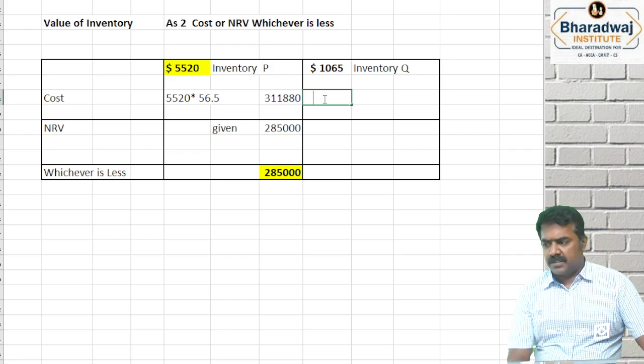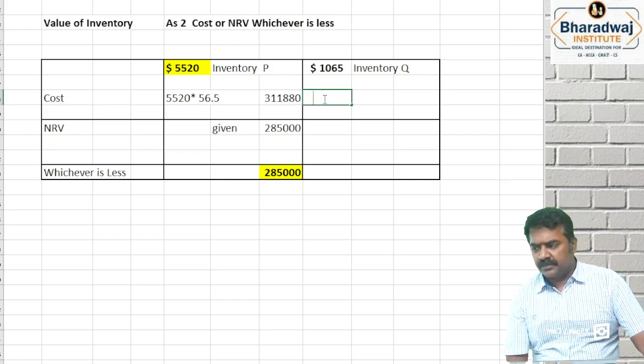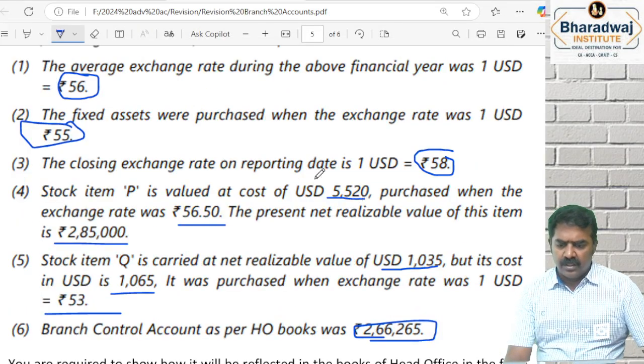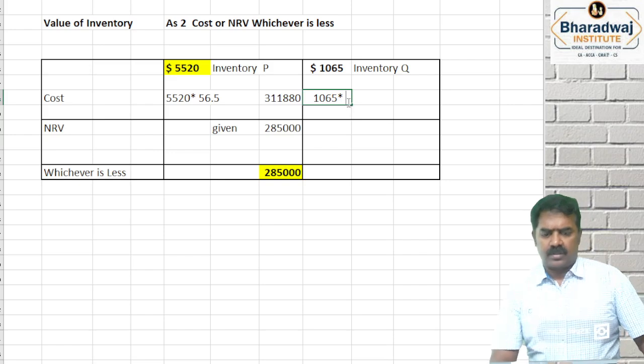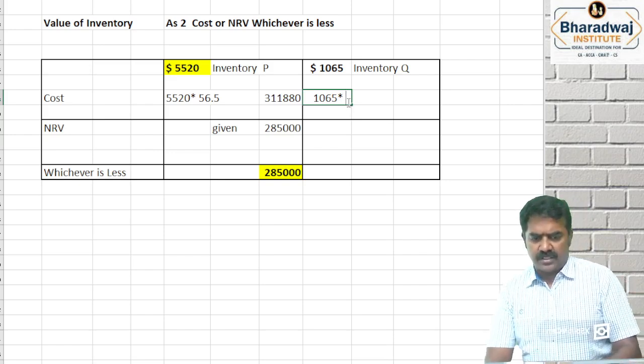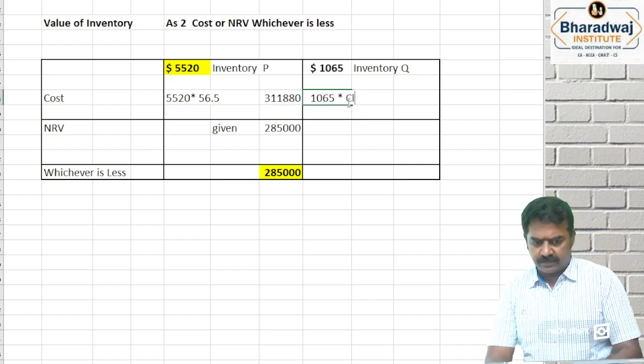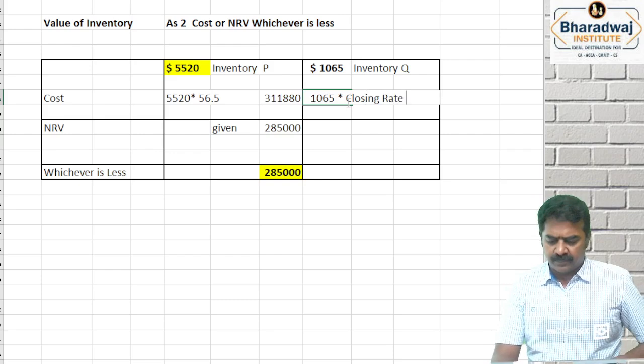Now inventory Q was purchased. What was the rate at the time of purchase? Cost is 1065. Closing stock we take at the closing rate. What is the closing rate? 58.